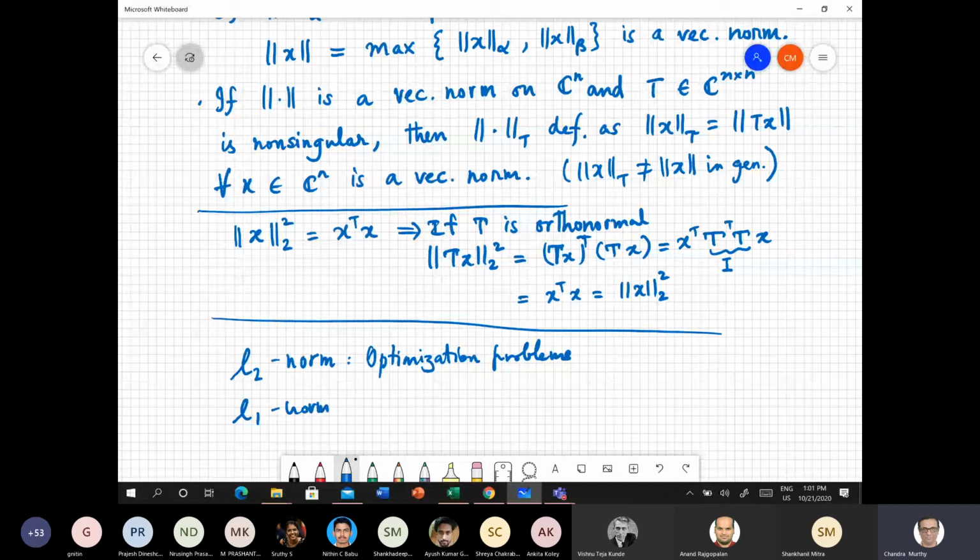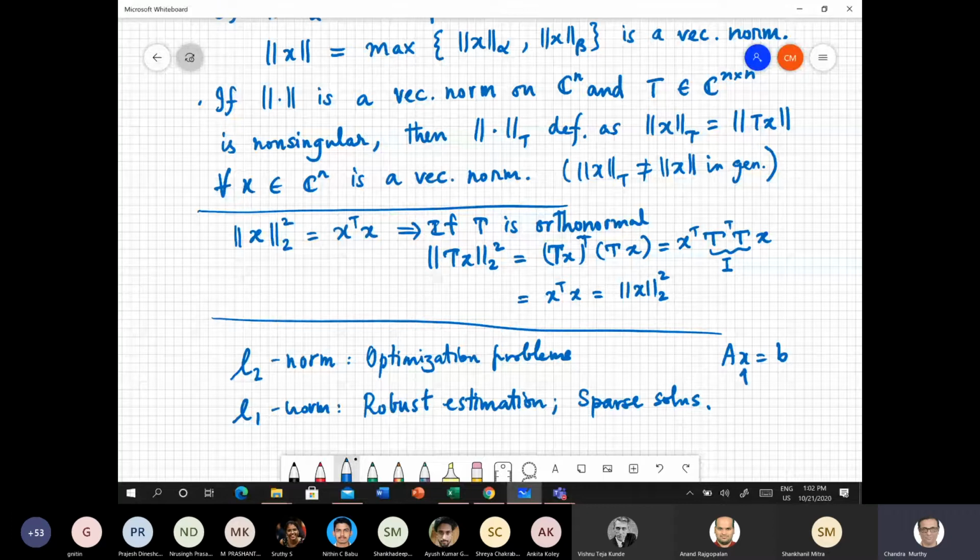L1 norm is typically used when you want to find what are called robust estimators. And it's also used very heavily in compressed sensing, which I teach in the next term, and it promotes sparse solutions. Sparse solutions are solutions for these vectors where lots of entries of the vector are equal to 0. And in many applications you want to solve, for example, an equation like Ax equals b, but suppose this has many solutions.